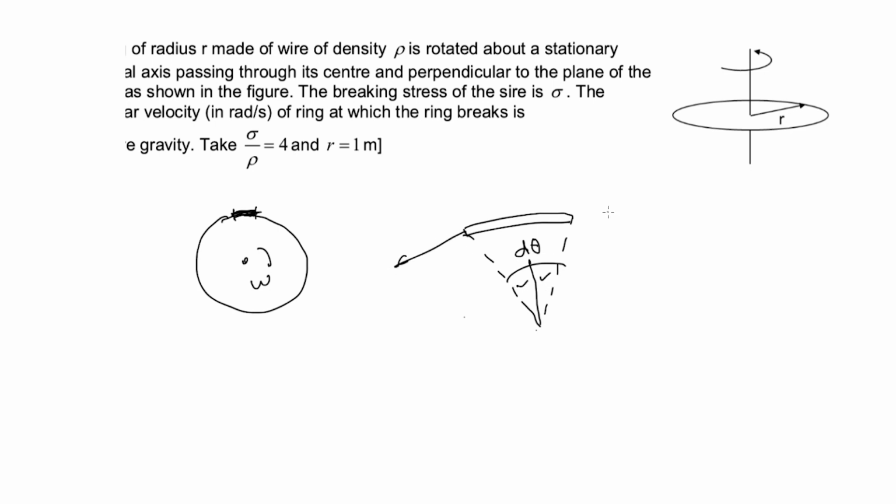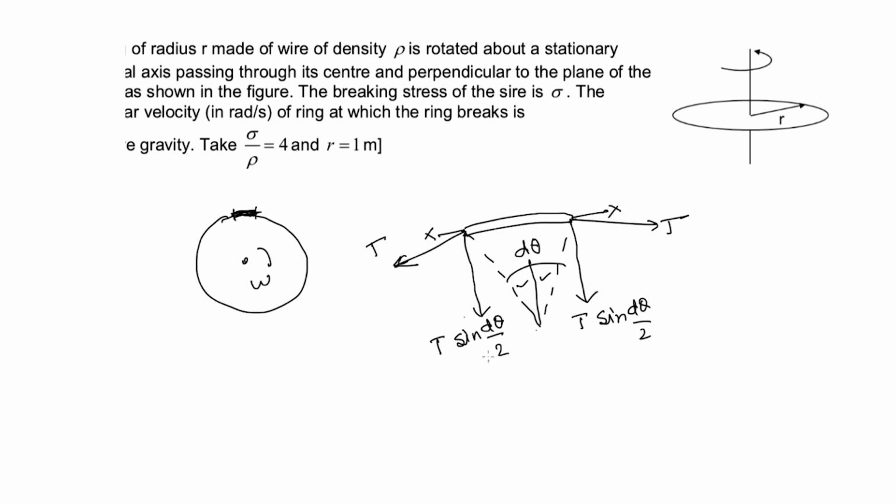The tensions are acting directly tangentially, with this angle d theta by 2. So the vertical component of the tensions are T sine d theta by 2. They only remain there because T cos d theta by 2 will cancel out. The horizontal parts will get cancelled out.